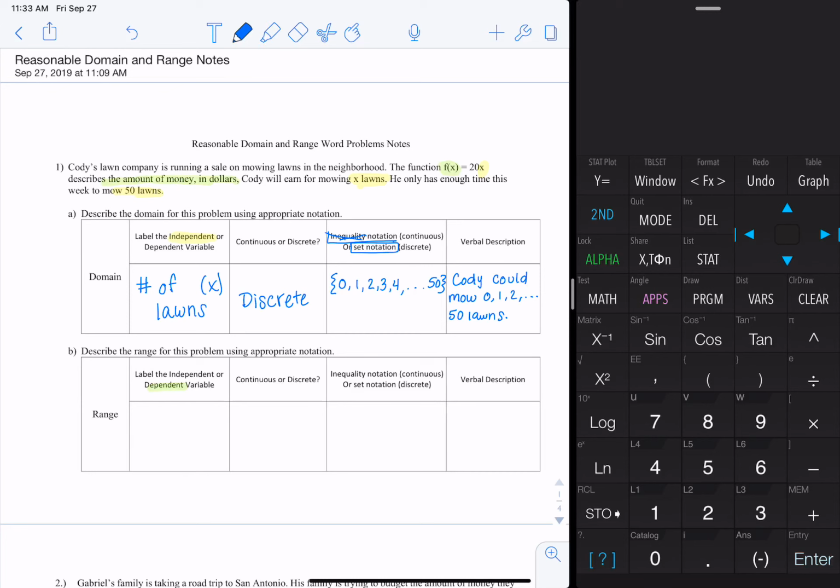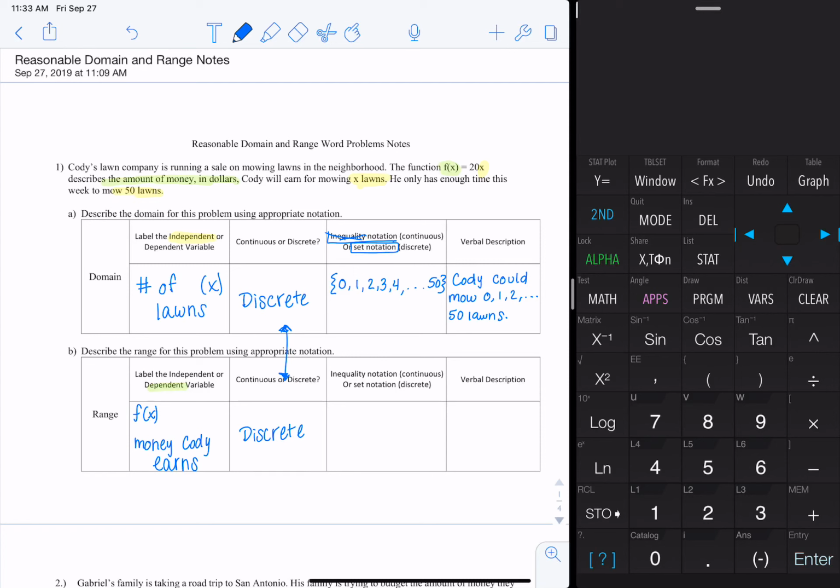So the dependent variable is labeled f of x, but it's going to stand for the money Cody earns. If the domain is discrete, then the range is also discrete. So these have to match, okay?